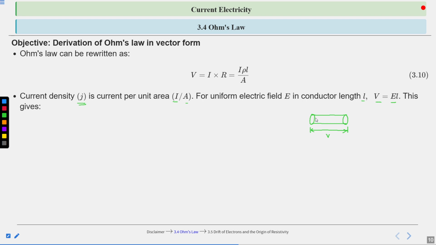Suppose this is the electric field we have applied in this direction, and this length of the conductor is L. So V is equal to EL.